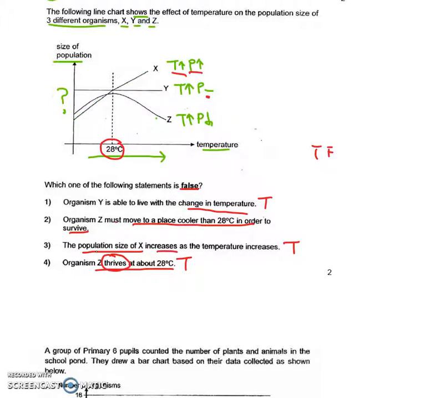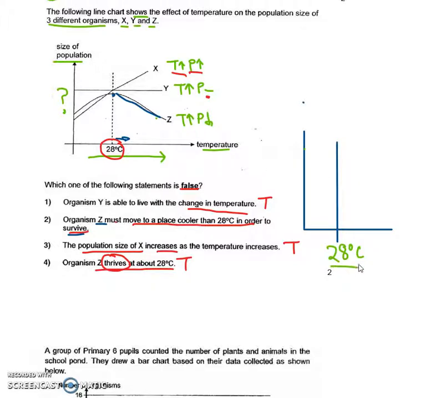So let's look at this one. Organism Z must move to a place cooler than 28 degrees in order to survive. Now if you look at this, when it's greater than 28 degrees, it is still surviving. It's just lesser than 28 degrees, but there is still a population of organism Z. If it doesn't survive, the graph would look different.